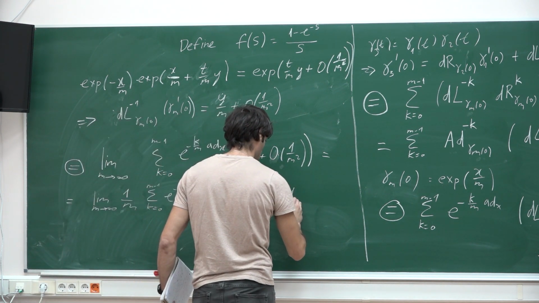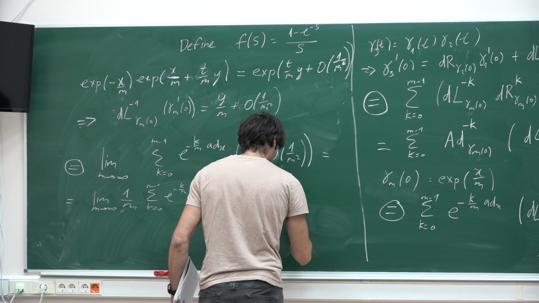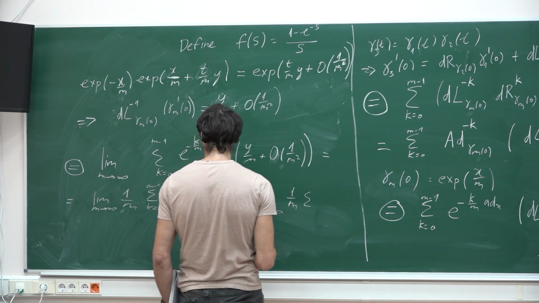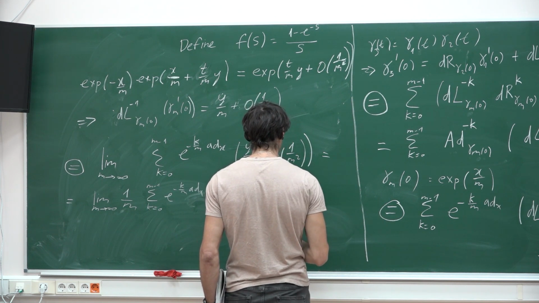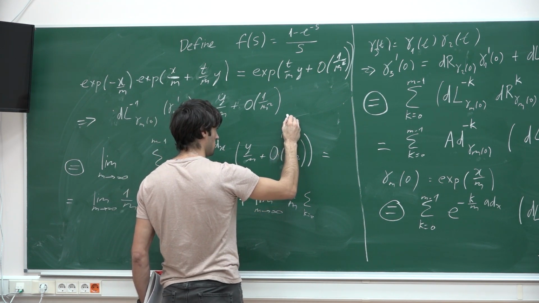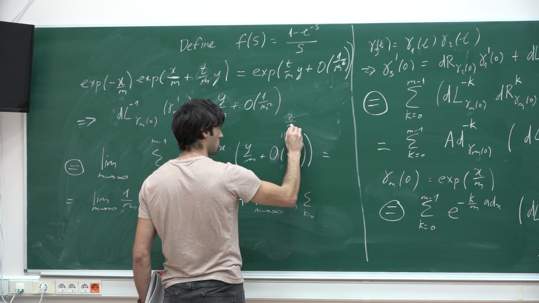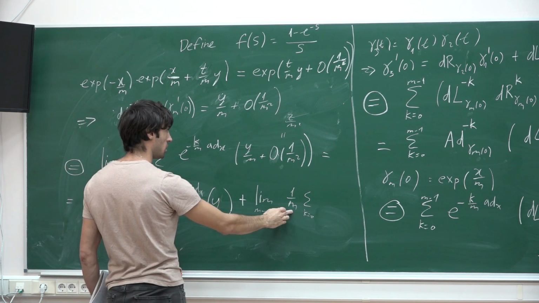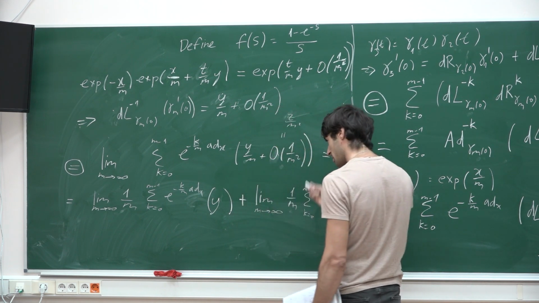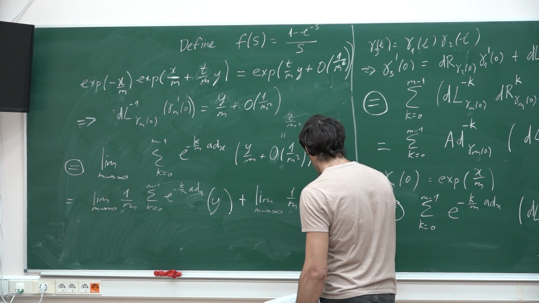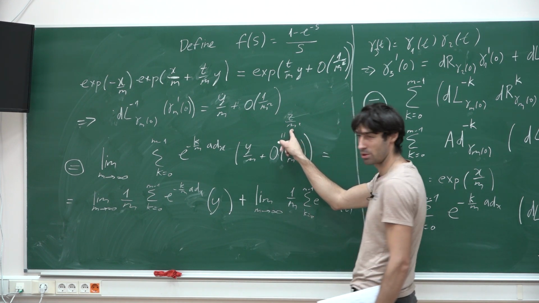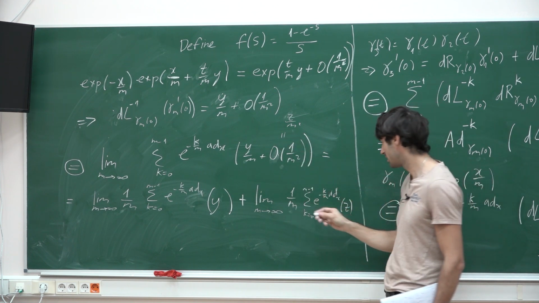So this is actually some z over m squared: 1 over m I put here, so the sum, and then the same expression where I change y to z, e to the negative k over m, ad x, applied to z, but another 1 over m is left, right?